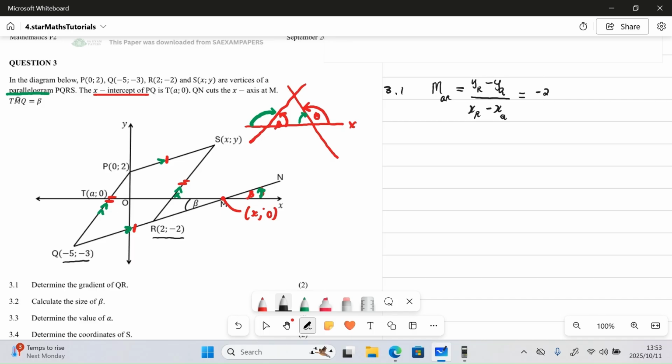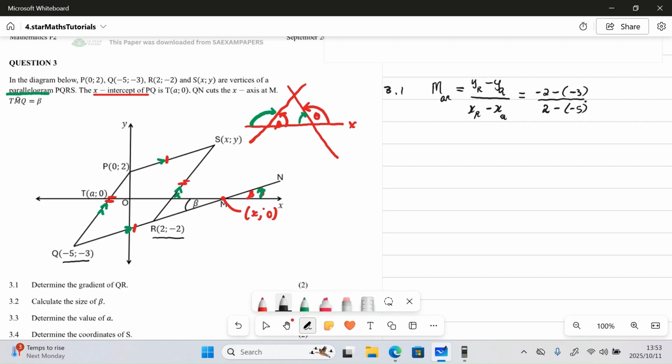It's minus 2, minus from the formula, the y value at Q is minus 3. Then divide by the x value at R, which is 2, minus the x value at Q, which is minus 5. Minus from the formula into minus 5.